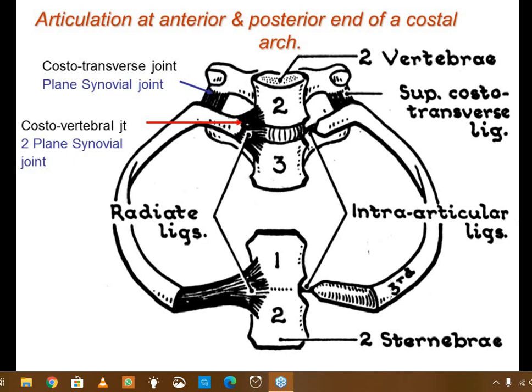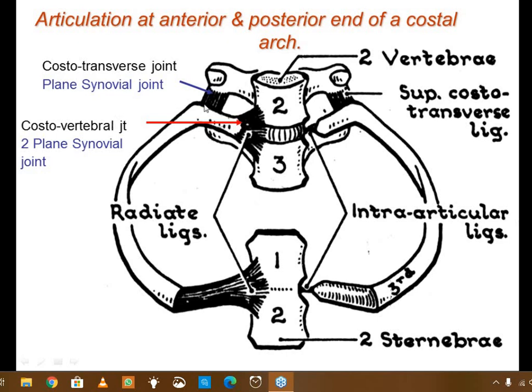So, let's see what are going to be these joints posteriorly in relation to the ribs. There is going to be the costovertebral joint between the head of the rib and the two bodies of the vertebra. These are plain synovial joints.